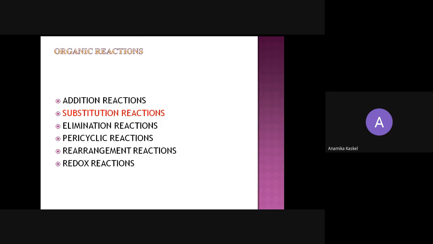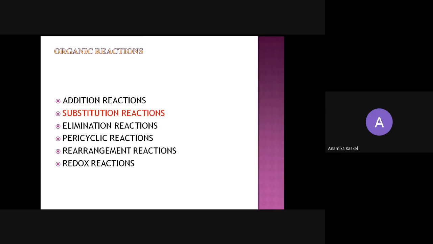That means if alcohol ROH is there and you add some Cl minus, OH is replaced by the chloride ion, and we can get the compound RCl. So this is an example of the substitution reaction.